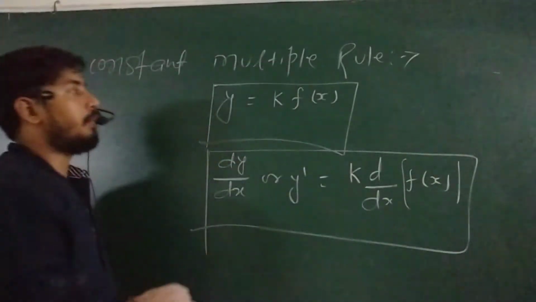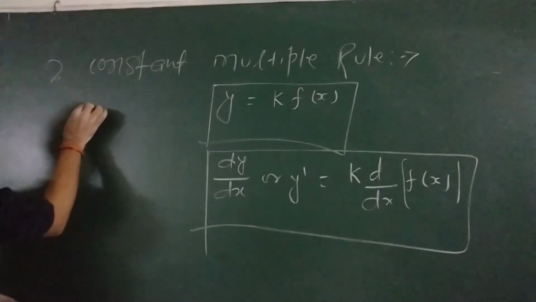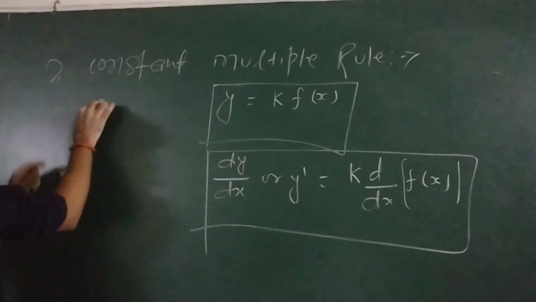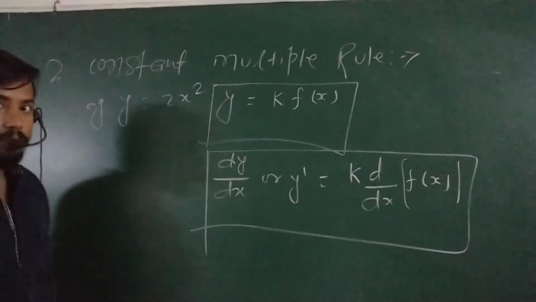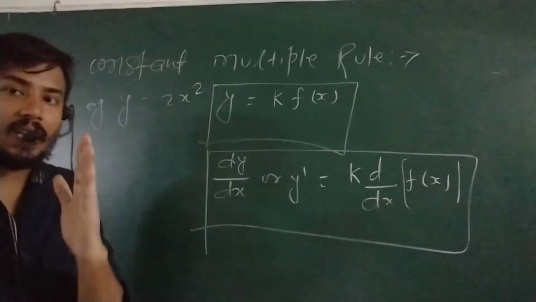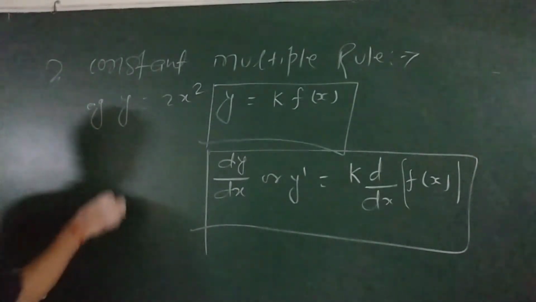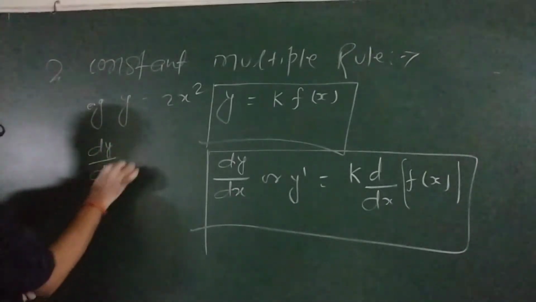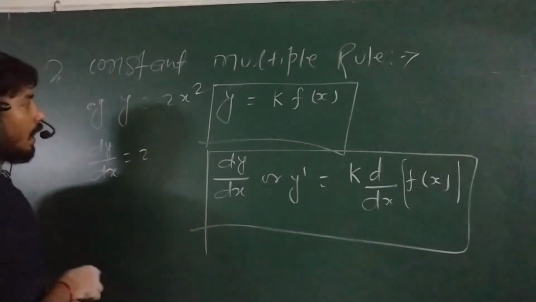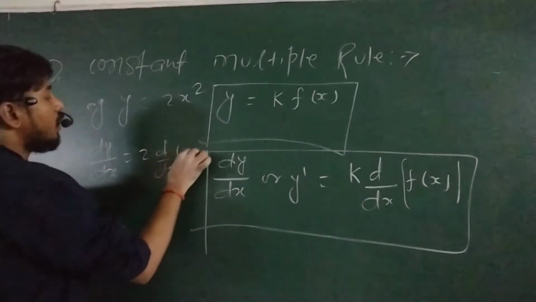See one example, then you will get how we can do it. Suppose that y is equal to 2x square. If we have to do differentiation, dy by dx, what I told, 2 is taken as it is outside, and then the differentiation of x square.